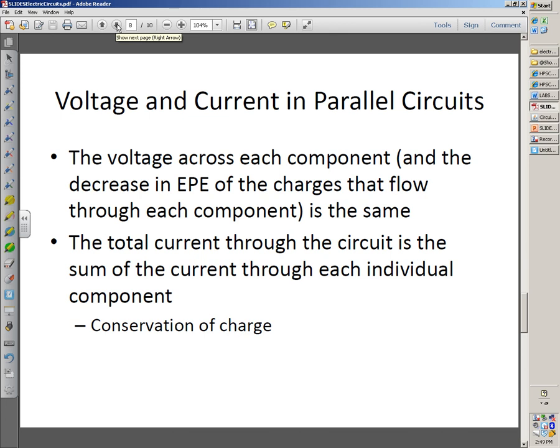But the total current is the sum of the different currents through each component. What do we see about the current in each part? When we measured the current in each individual path, it's equal.